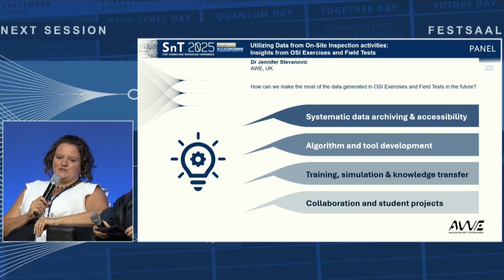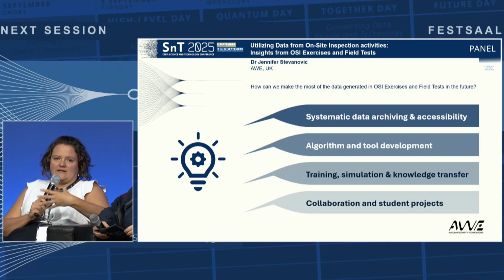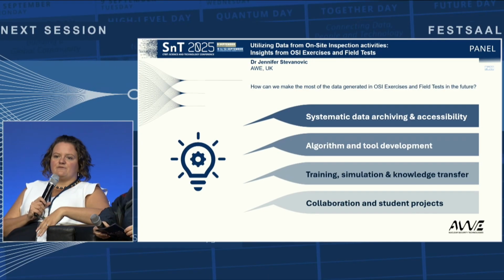I come back again to training. I think maybe I mention it on every slide. But we're going to gain no benefit in a real on-site inspection unless we push all of this value through to the training and to the surrogate inspectors themselves. So making sure that the inspectors have the chance to work on real data that's been collected in a real, treaty-specific context is really important for that knowledge transfer.